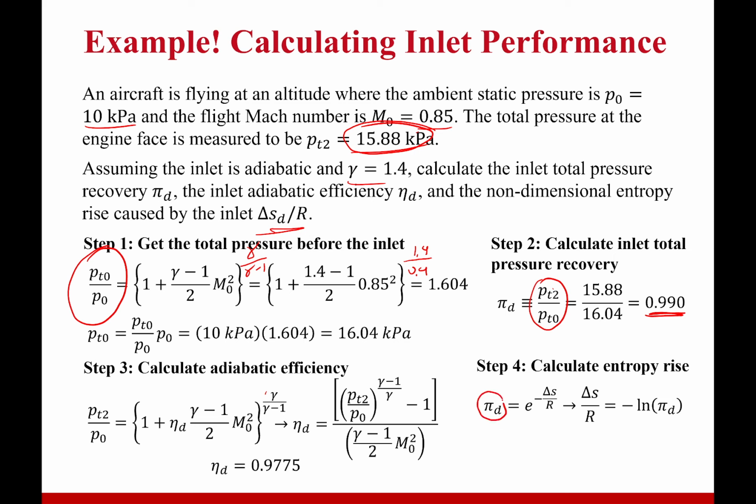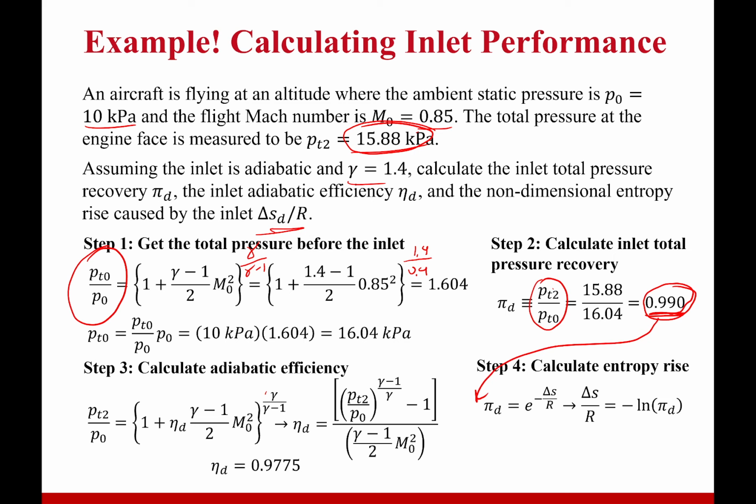If I know my total pressure recovery, the reason this is 0.99 is because I am increasing the entropy of my air, and when I do that, I'm reducing the useful work potential of that air. So using this value, we plug it in, we rearrange a little bit, and we get our non-dimensional entropy rise.